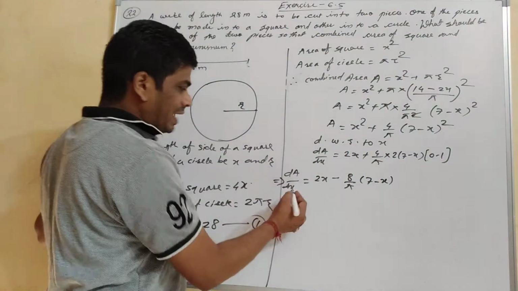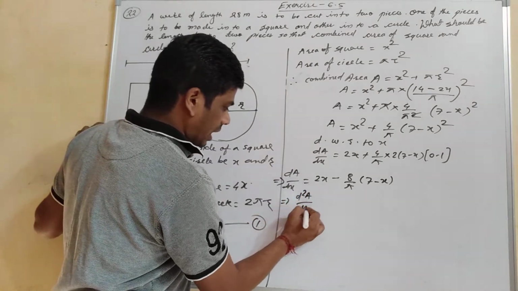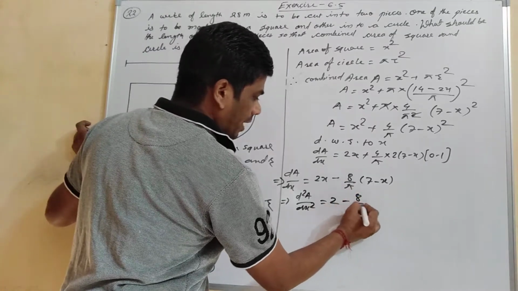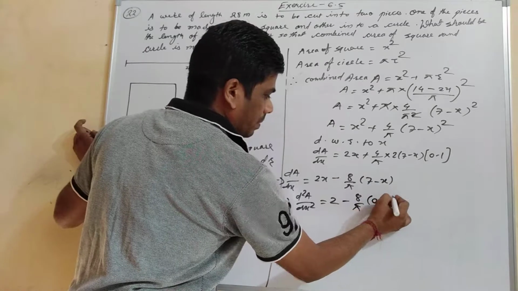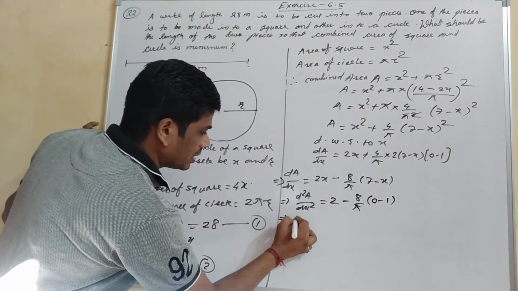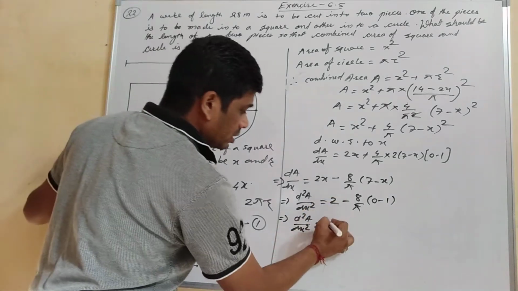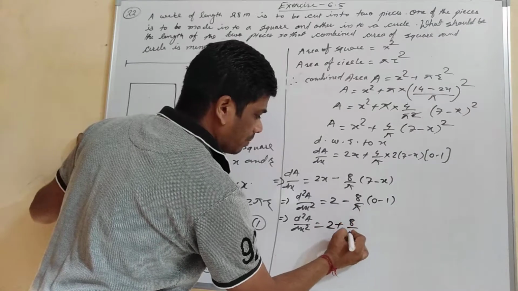Now we will find the second order derivative also. So d square A upon dx square equals 2 we will get from here, minus 8 upon pi is constant, and we find the derivative of this, so it will be 0 and it will be minus 1, which means we get d square A upon dx square equals, minus minus becomes plus, 2 plus 8 upon pi.